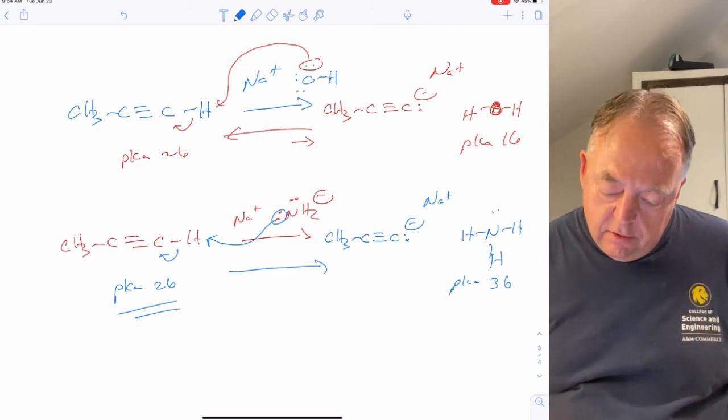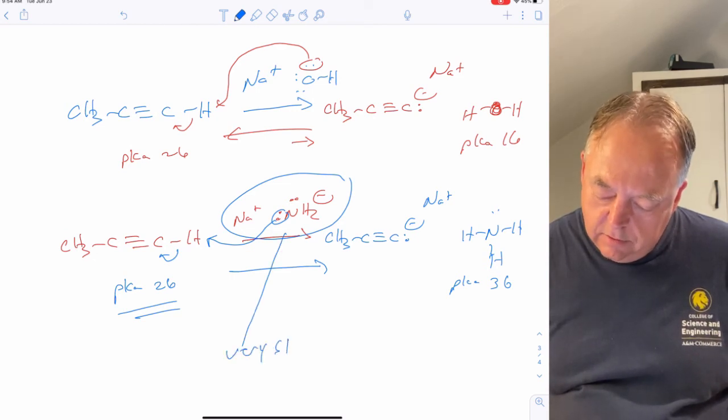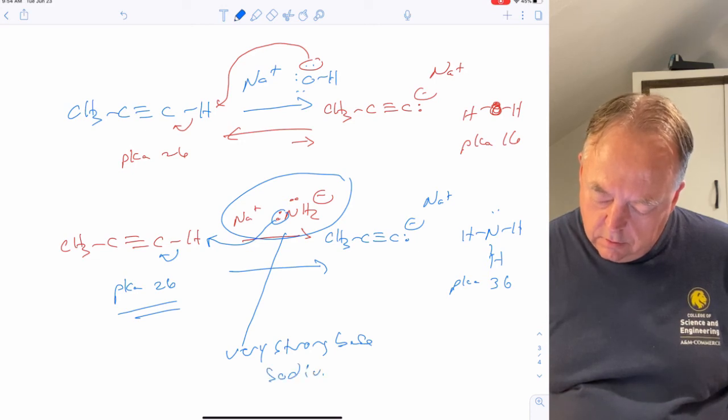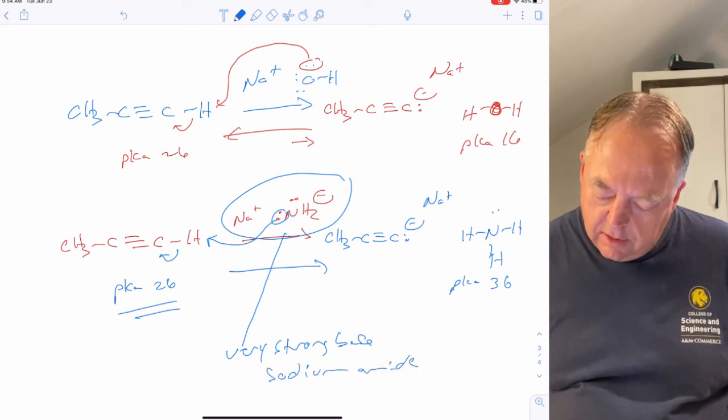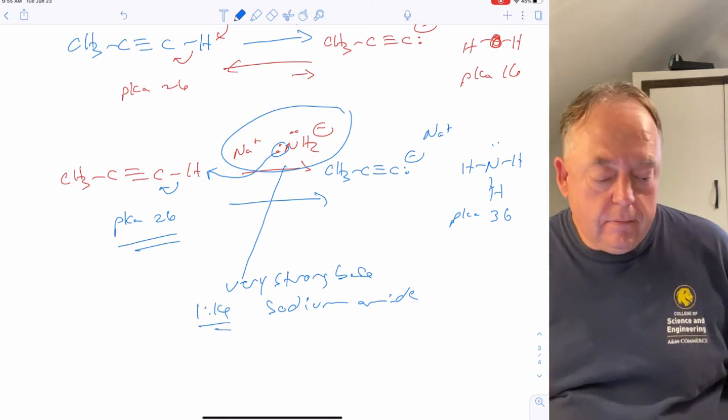So if you want to take the proton off of an alkyne, you need a very strong base, like sodium amide. That will do the job.